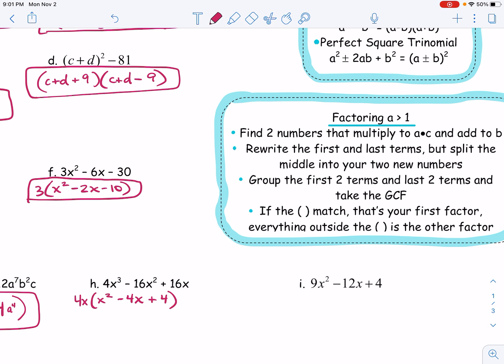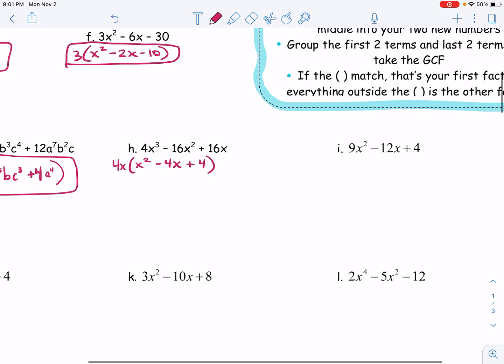This is a perfect square trinomial because the middle term is 2 times the root of the first times the root of the last. The root of my first term is x. The root of my last term is 2. 2 times x times 2 does give me 4x. Because it's a minus, I'm going to factor that as x minus 2 squared.